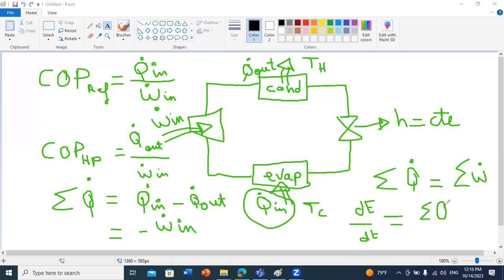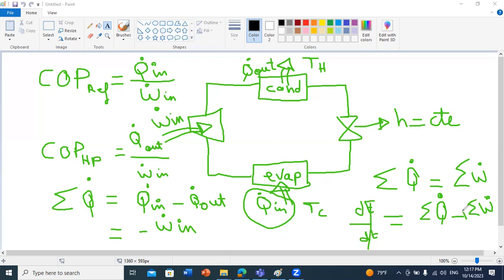But when you consider the whole cycle, you go to the same point, so dE by dt is 0. For a cycle, since you reach the same point, the energy is the same. So this term will drop out, and you end up with the sum of Q dot equals the sum of W dot.